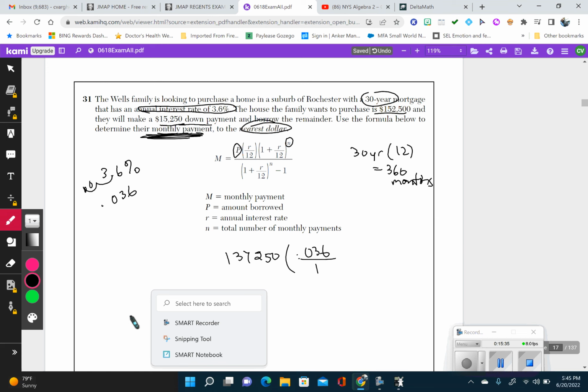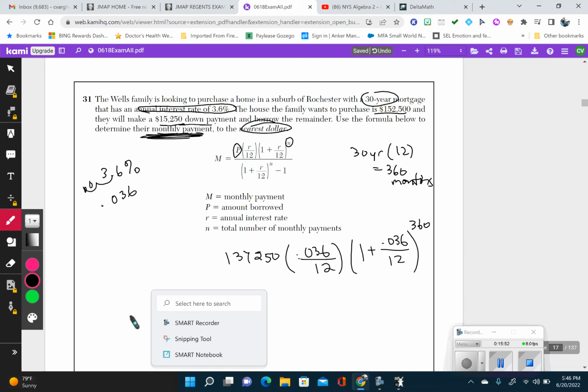0.036 divided by 12, okay, because there's 12 months in a year. We're going to close that, and it's going to be 1 plus R, which is 0.036 divided by 12 to the 360, because we've already figured that out.